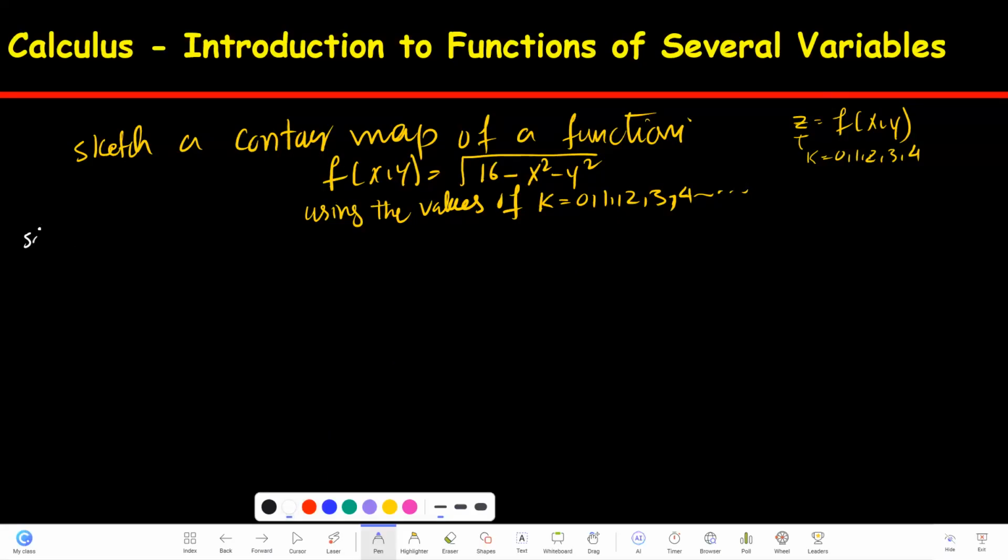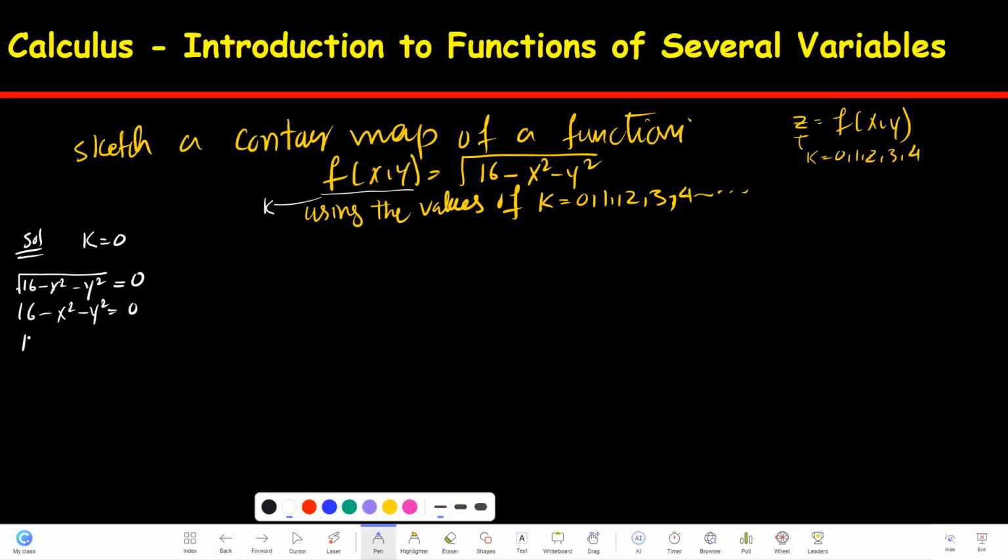So I'm going to go to the solution here. I'm going to start with k value 0, and k means z. So I'm going to say 16 minus x squared minus y squared equals 0, which is this function. I'm going to call this whole thing k. So I substitute here: 16 minus x squared minus y squared equals 0.